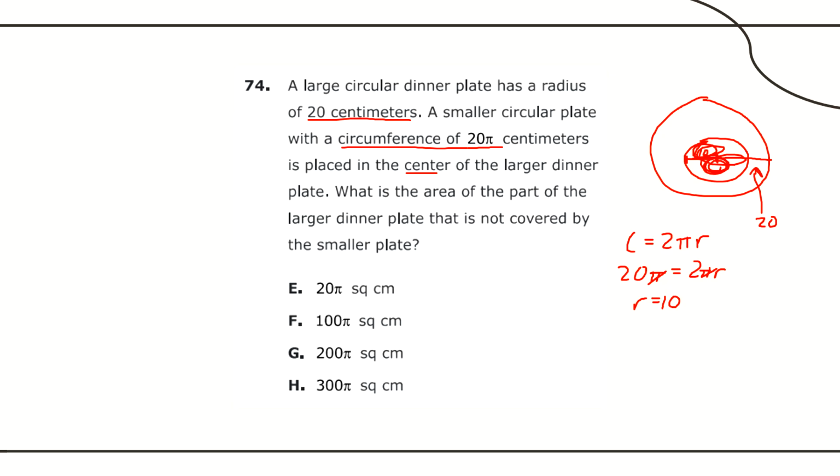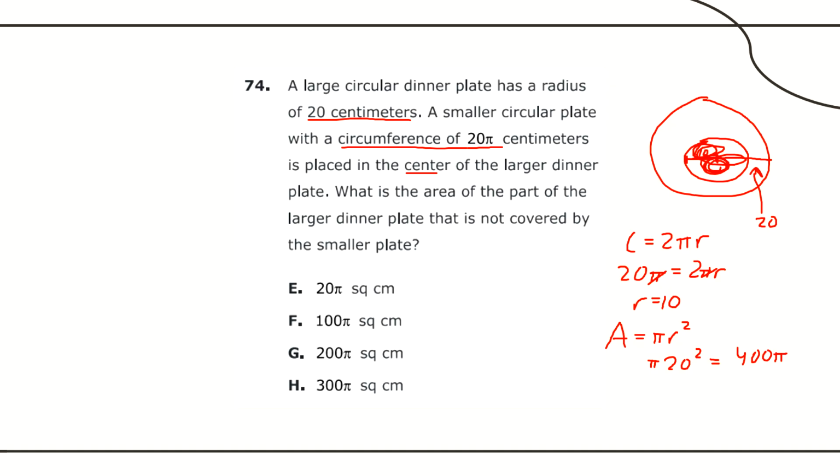Well, what's the area of a circle with a radius of 20, which is the bigger plate? So we have to use our area formula for a circle. Area is equal to pi r squared. And we know the radius to be 20. 20 squared times pi is equal to 400 pi.